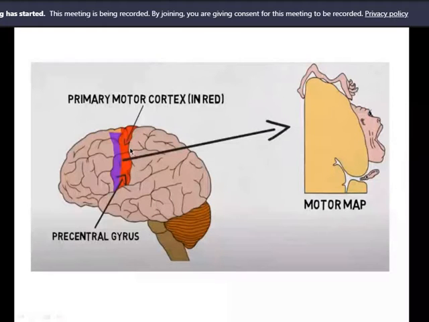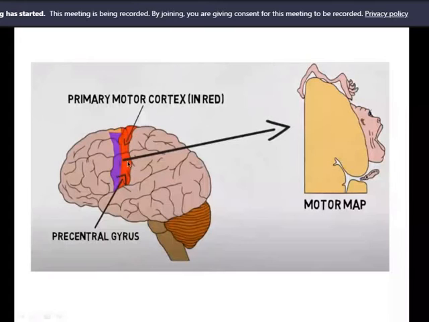So this is the pre-central gyrus. So here is the motor area, and in the motor area there is homunculus or somatotopy. Soma means body, topy means map. So the whole body map is here.